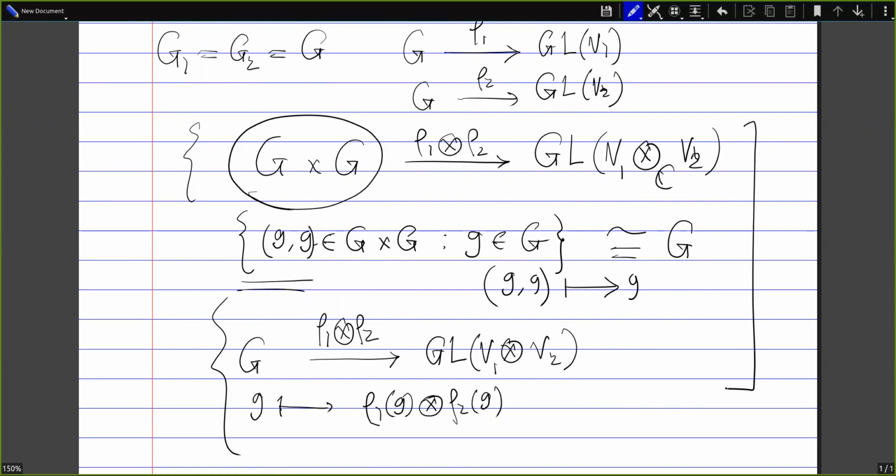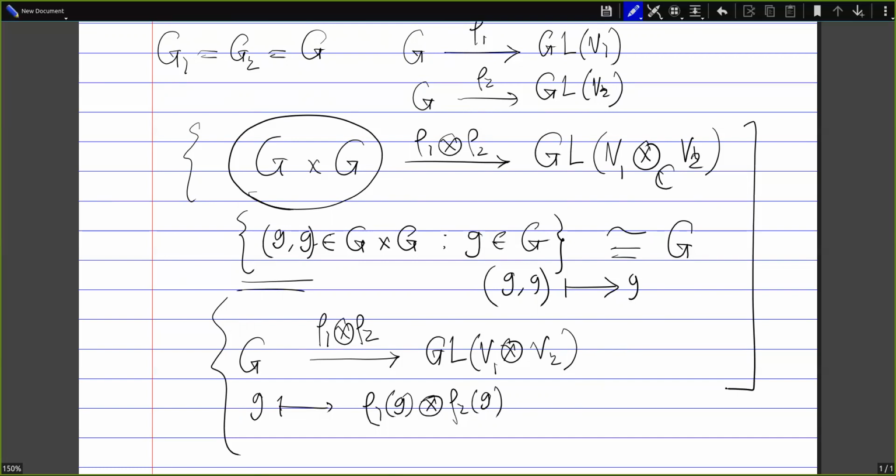All right, so next we are going to deal with the decomposition of the tensor product of two representations into irreducible ones. So the natural question you can ask is: suppose I know all the irreducible representations of G1 and similarly for G2, then using that, can we decompose a representation of G1 direct product G2?